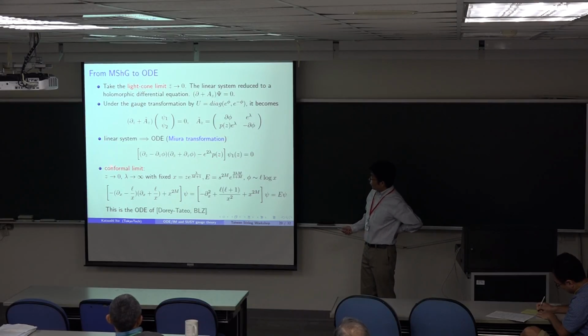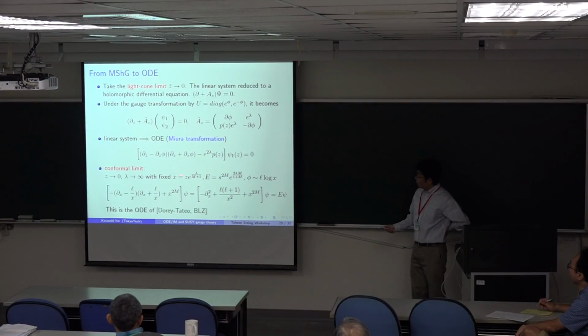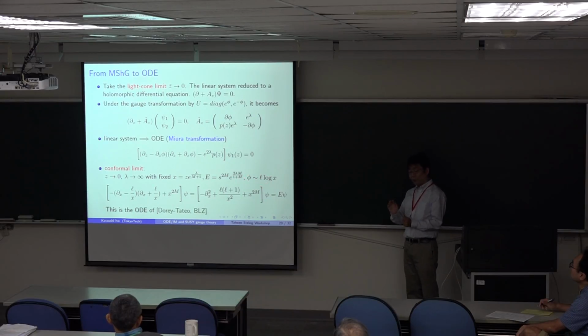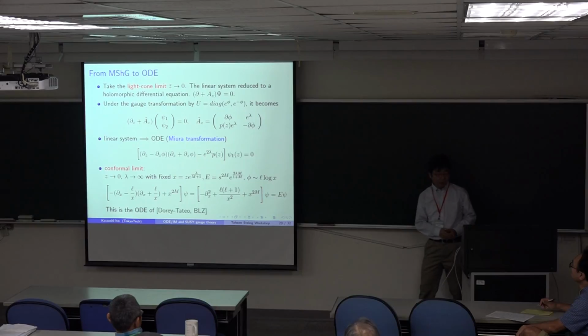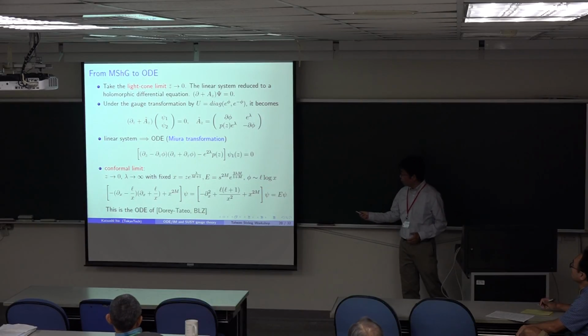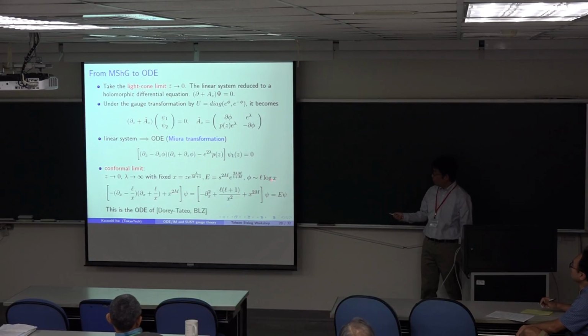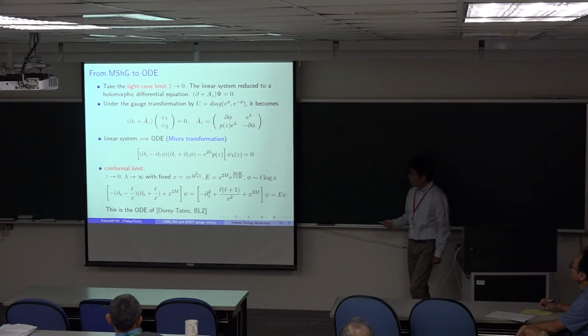And we will take a further conformal limit where z is going to 0, and also the spectral parameter is going to infinity, but this variable x and e is going to be fixed. So essentially, z is going to 0. We have, sitting around the center of the complex plane, that phi is going to behave like L times log x.